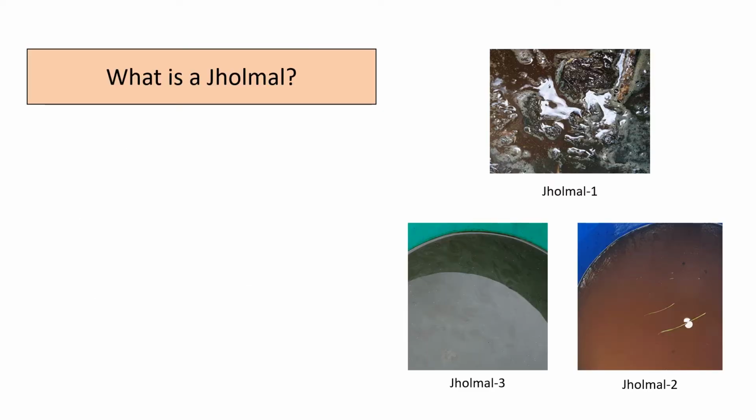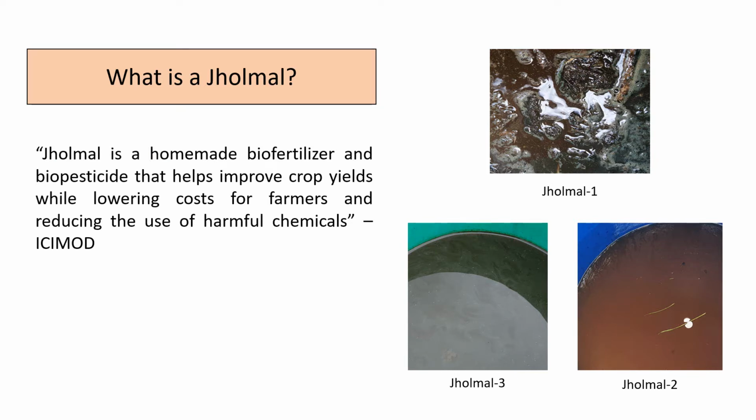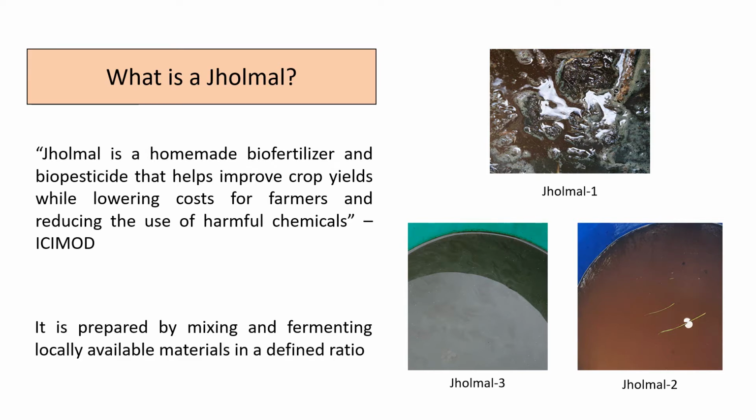What is a Jholmal? International Center for Integrated Mountain Development in Nepal has defined Jholmal as a homemade biofertilizer and biopesticide that helps improve crop yields while lowering costs for farmers and reducing the use of harmful chemicals. It is prepared by mixing and fermenting locally available materials in a defined ratio.